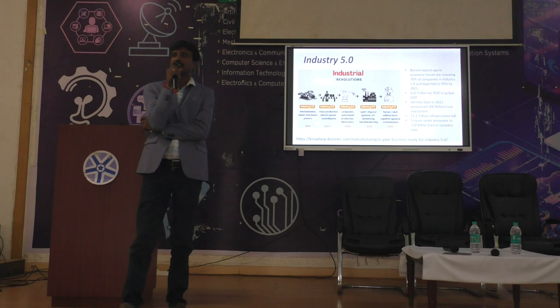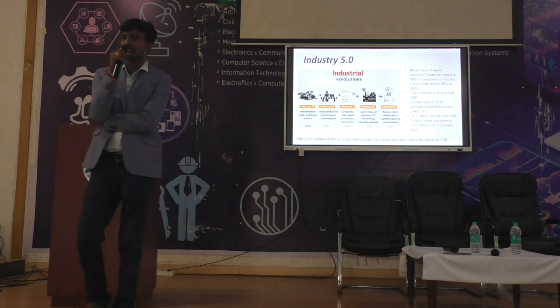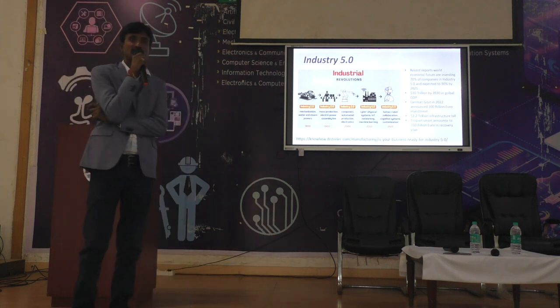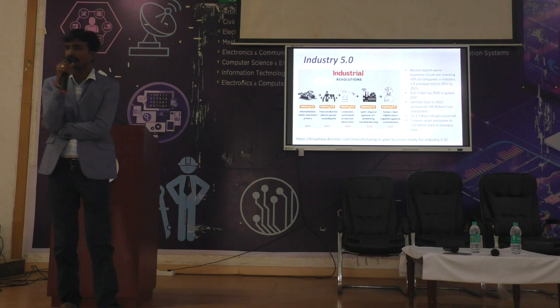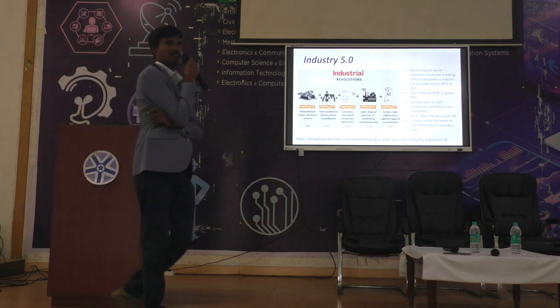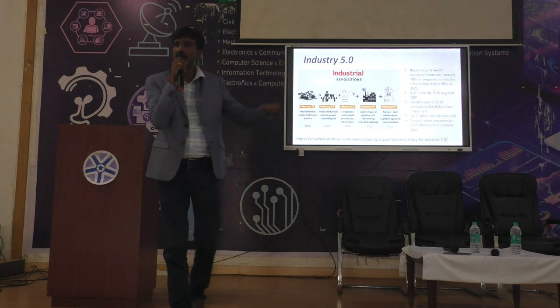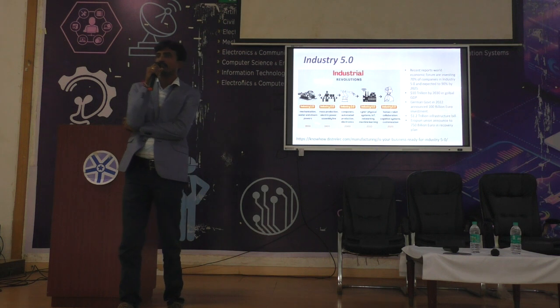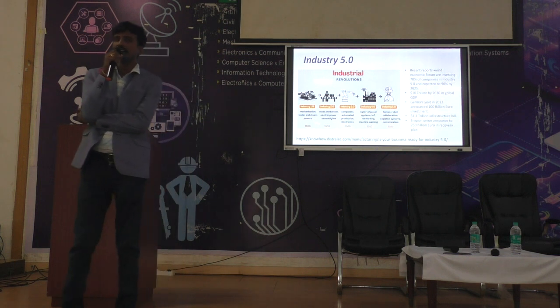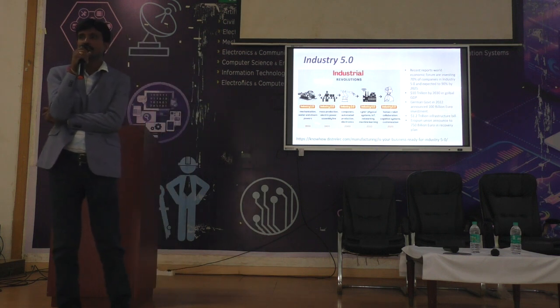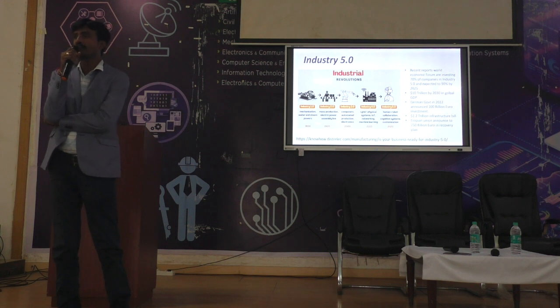Like artificial intelligence, machine learning, robotics, data analysis, data mining, big data mining, biomechanics. All these are different areas where we are utilizing them, and industries are producing smart factories.